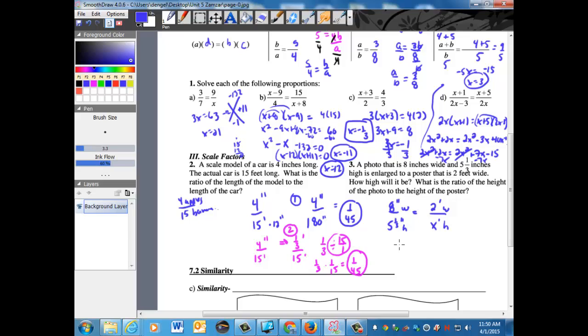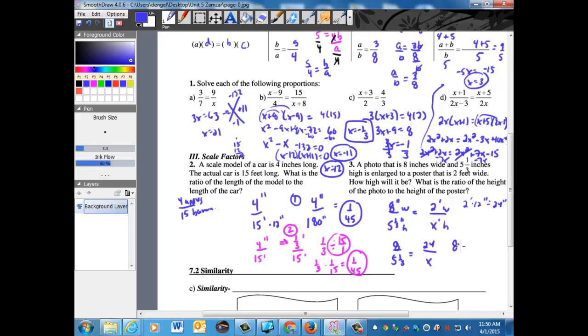All right, so just like last problem, let's choose option 1. I think it's much easier. So we end up getting 8 over 5 1/3 equals, we have to convert 2 feet into inches. So 2 feet times 12 inches would give me 24 inches. And so this becomes 24 over x.